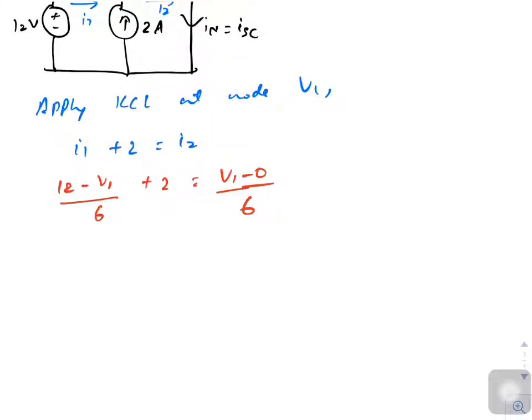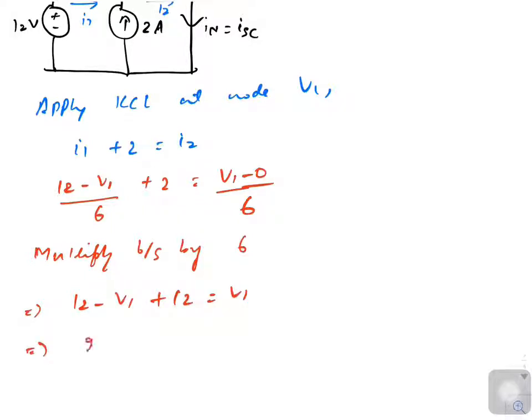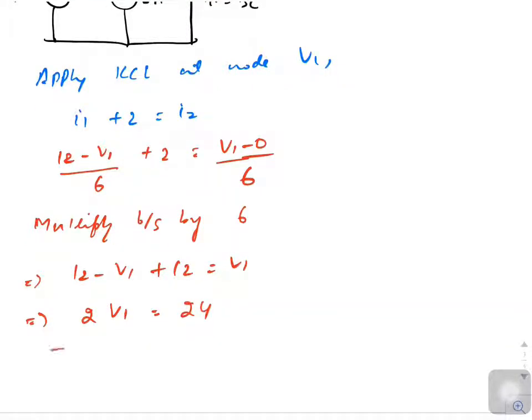So let us multiply both sides by 6. So we will get 12 minus V1 plus 12 is V1, or twice V1 is equal to 24, or we can say V1 is 12 volt.